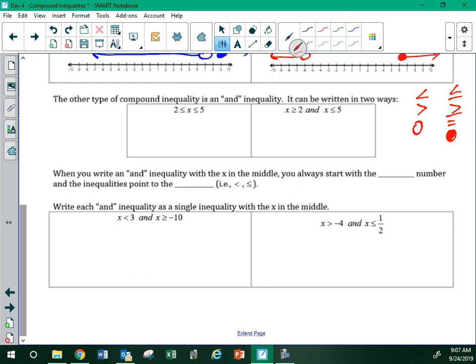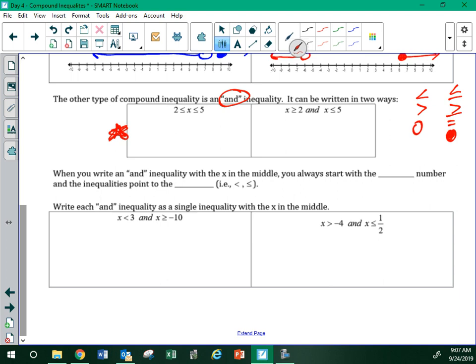All right. The other type of compound inequality is an and inequality. There's two ways we can write this. It is way more common to have it like this, where it's written as one big inequality. It's not as common to see it like this with the and in between. We'll look at it both ways.